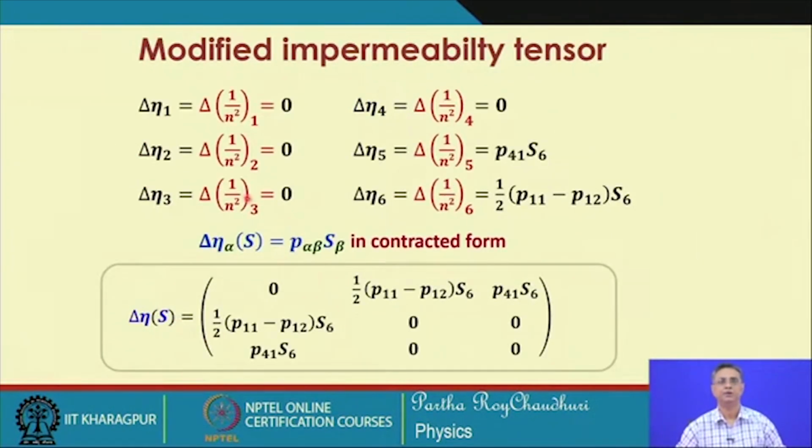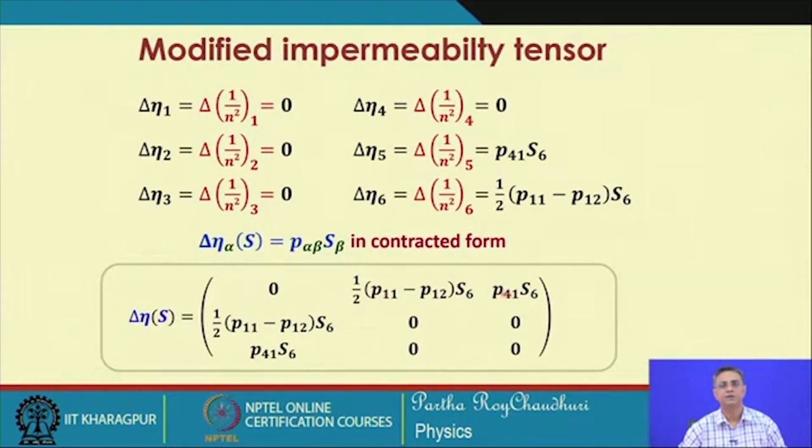Therefore, all of them are 0, and only delta eta 5 and delta eta 6 will be given by this, and both of them occupy the off-diagonal positions. This is the 5th position and this is the 6th position, so this is delta eta 6, this is delta eta 5, and interestingly both of them are symmetric, and of course, they should be symmetric.